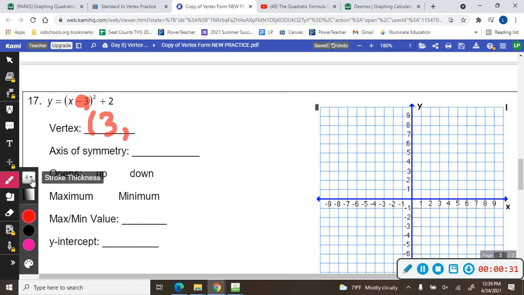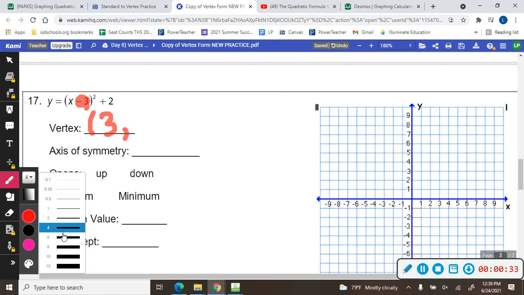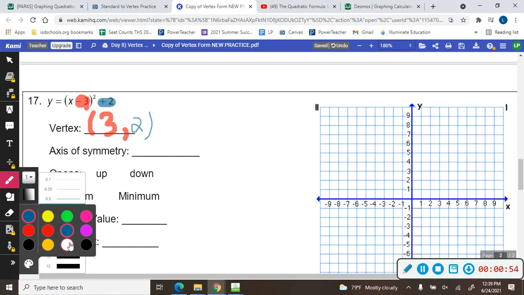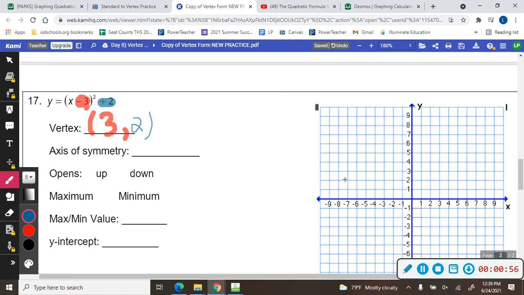And because this is 2, I also put 2 down here. So I just found the vertex is at 3, 2. So what that means is, over here at 3, 2, I have the vertex.